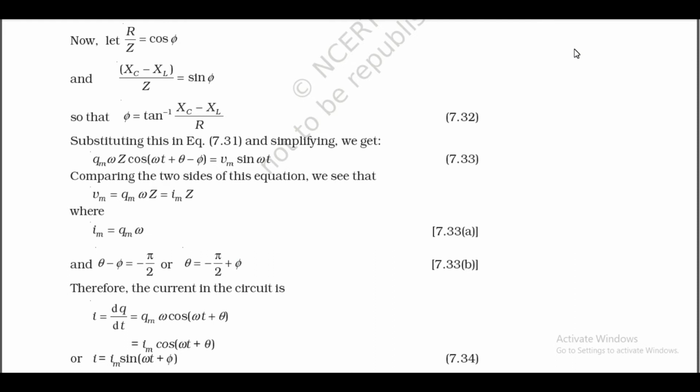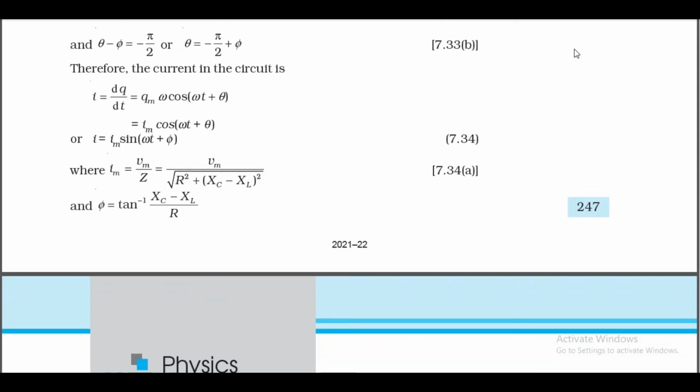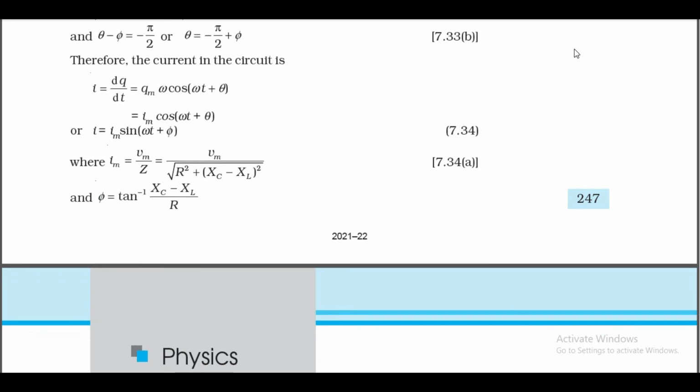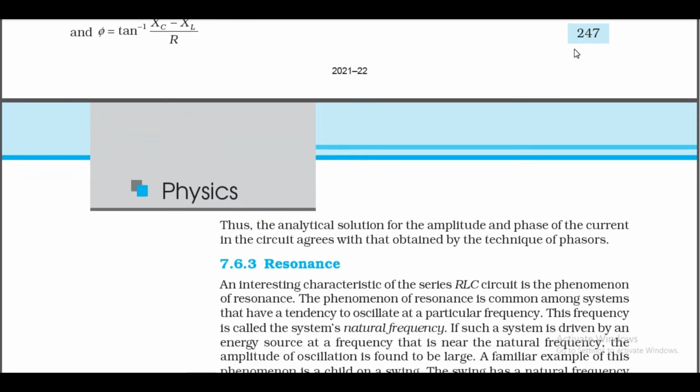Therefore, the current in the circuit is i is equal to dq by dt is equal to Qm omega cos of omega t plus theta is equal to Im cos of omega t plus theta, or i is equal to Im sin of omega t plus phi, where Im is equal to Vm divided by Z is equal to Vm divided by root over R squared plus Xc minus Xl whole squared, and phi is equal to tan inverse of Xc minus Xl divided by R.